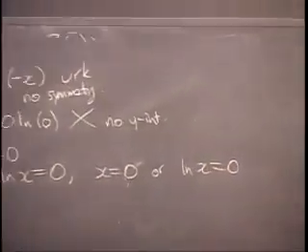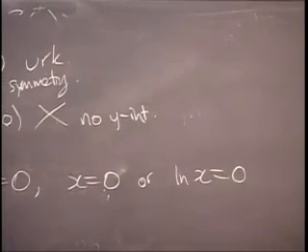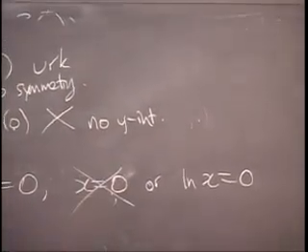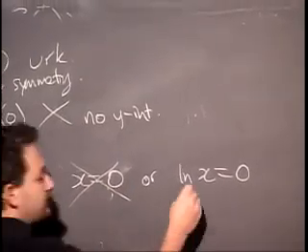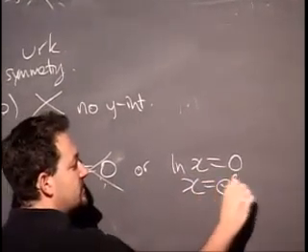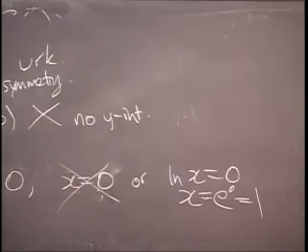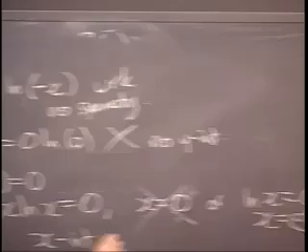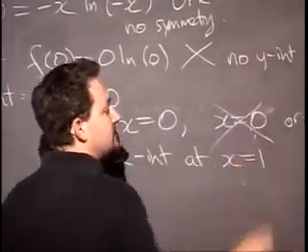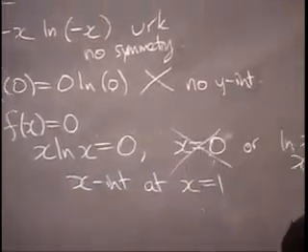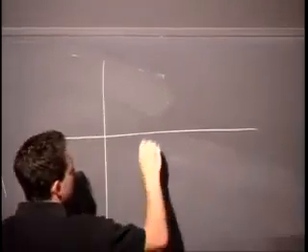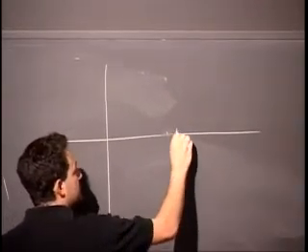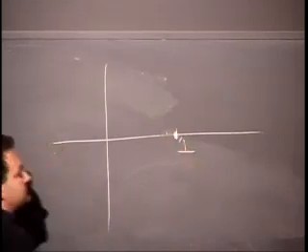Unfortunately, x equals 0 is no good because if you plug in 0, as we saw, log of 0 is undefined. So that's not allowed. But log x equals 0 is fine, and that will happen when x is e to the 0, which is 1. Log 1 is 0. So we have an x-intercept at x equals 1. And I'm going to start drawing the graph up here. So we already know that, well, let's put it here. There's an intercept at x equals 1, so the curve goes through that point.